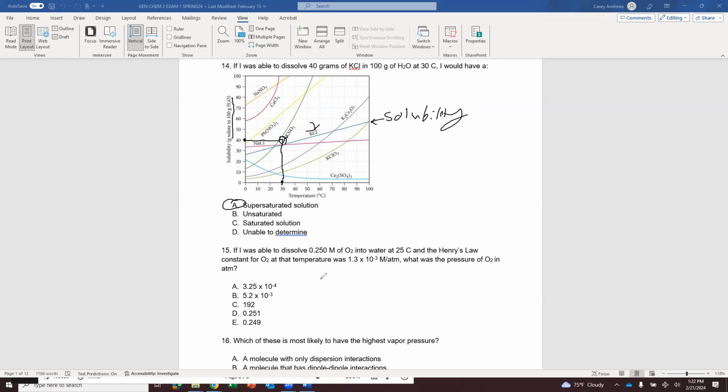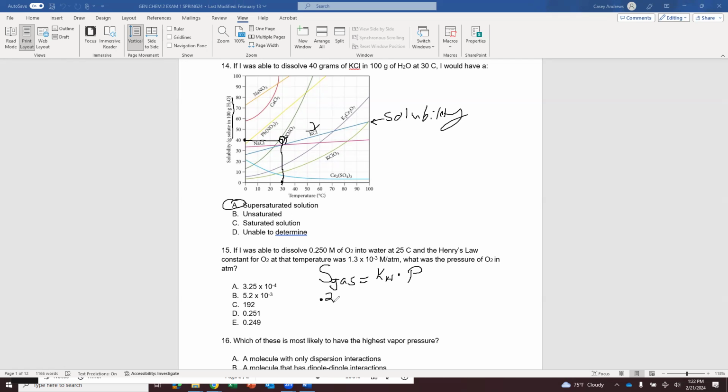All right, 15. If I was able to dissolve 0.250 molar of O2 into water at 25 C, and the Henry's law constant for O2 at that temperature is 1.3 times 10 to the minus 3 molar per atmosphere, what's the pressure? So this is a Henry's law problem. The solubility of gas is equal to our Henry's law constant multiplied by the pressure of that gas.